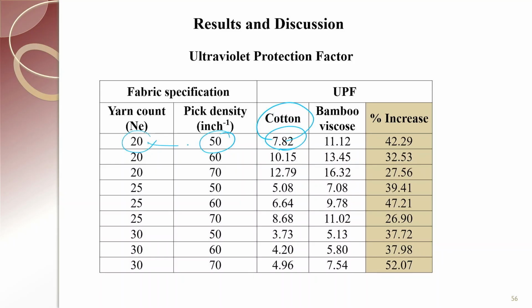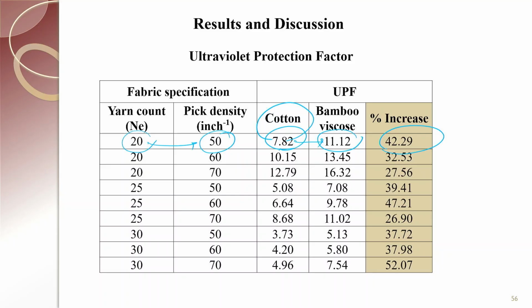With the same combination, the viscose fabric gives the UPF value 11.12. That means, with the normal understanding that we used to tell, bamboo viscose fiber results in higher UPF. So, it appears apparently it is true.